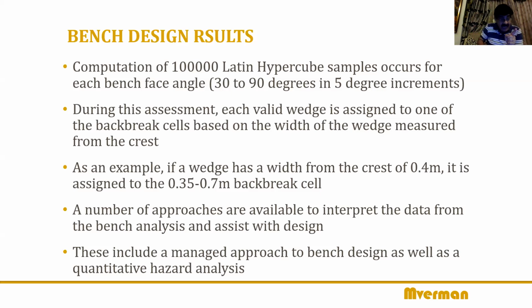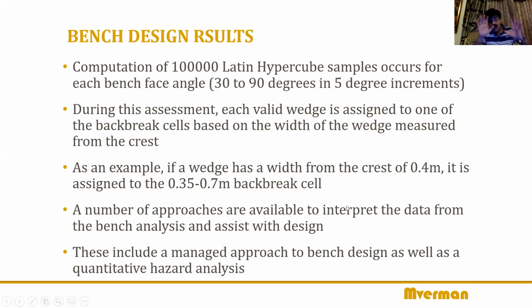So a wedge which is 0.4 meter from the crest will fall in back break cell number 2, which is from 0.35 to 0.7 meter. So that wedge will be assigned to back break cell number 2. That's how the software works.